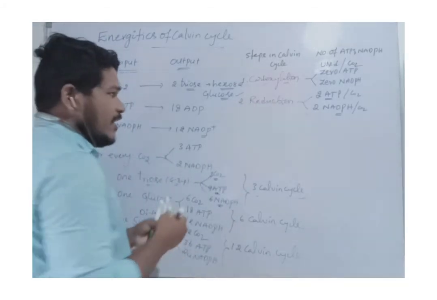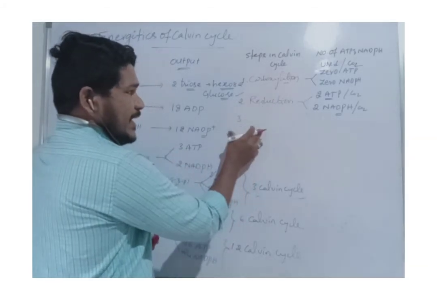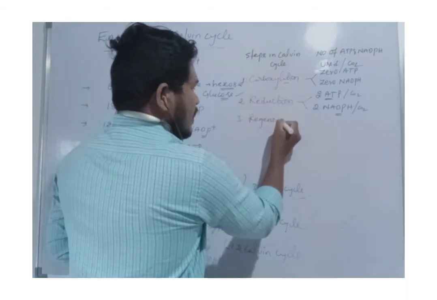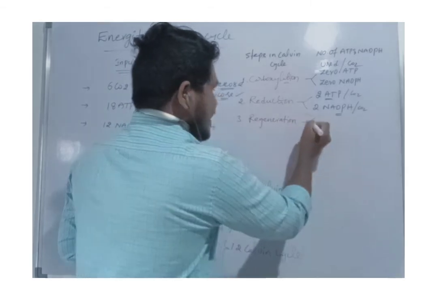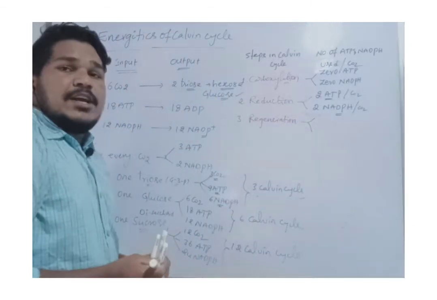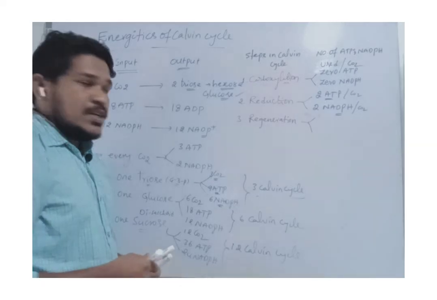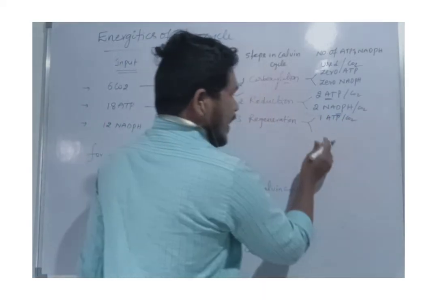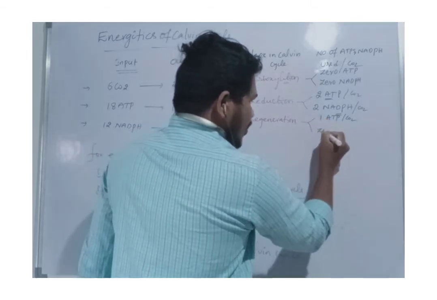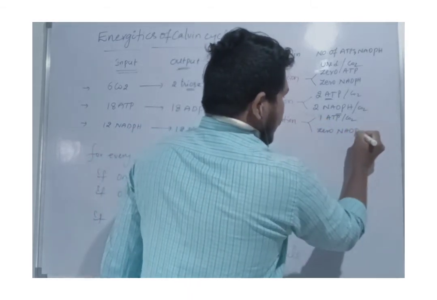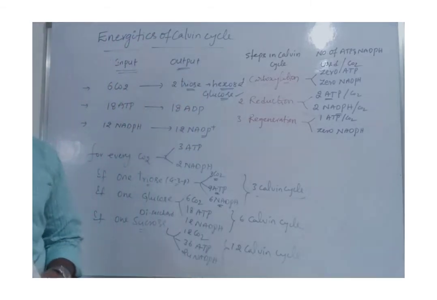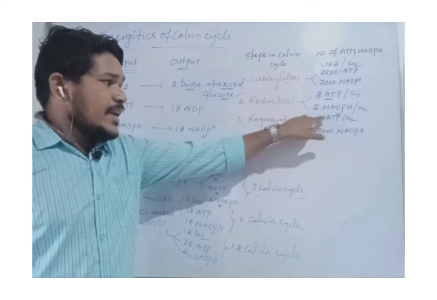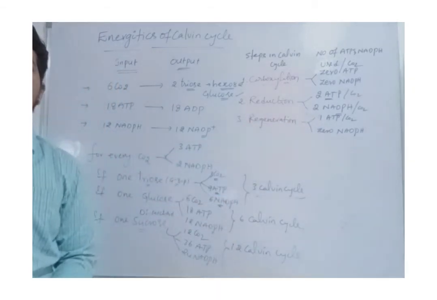And then the third step of the Calvin cycle is regeneration. In the regeneration phase, how many ATP and NADPH molecules are used? One ATP molecule is required per CO2 molecule and 0 NADPH. In the regeneration of the Calvin cycle there is no utilization of NADPH; only ATP is required for the regeneration of RuBP.